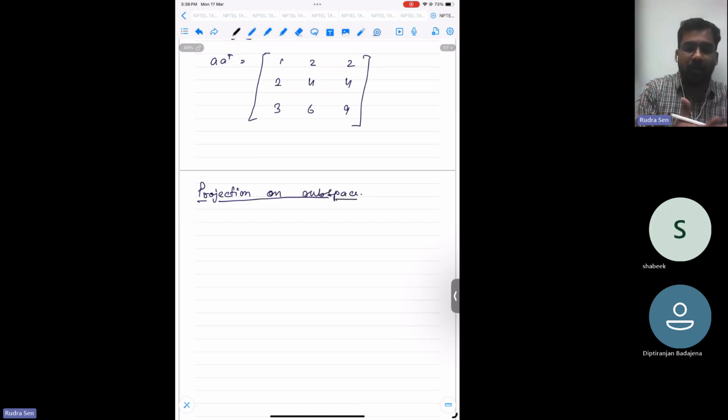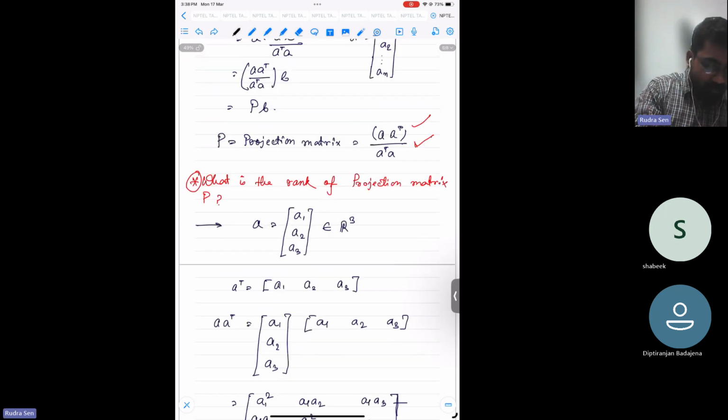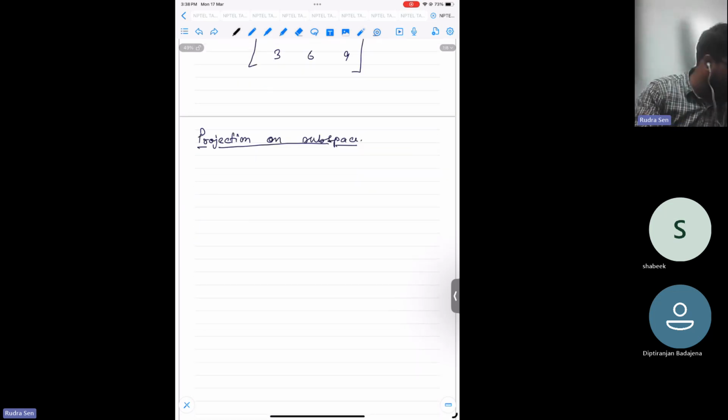So instead of small a, which denotes a vector, it will be a capital A, which is a matrix. So the picture is something like that. This is a space, something like a subspace.